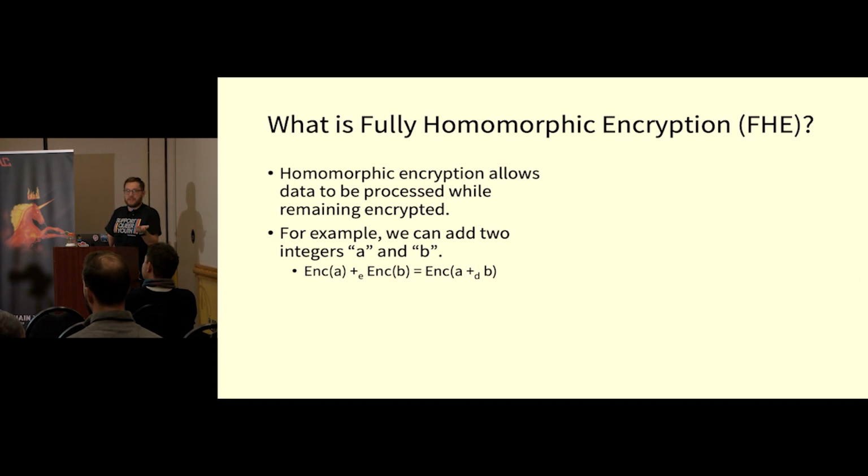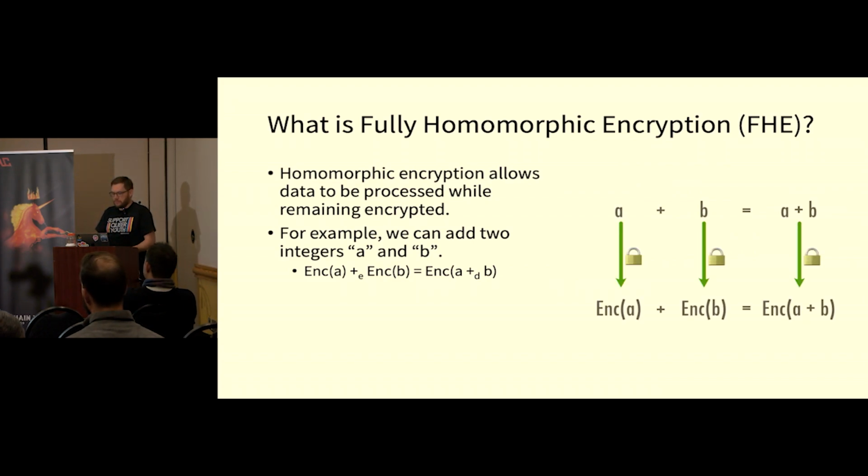Essentially, you encrypt the value a, you encrypt the value b, the definition of addition looks a little bit different, but you essentially do the add, and the result is a piece of encrypted data that contains the message a plus b. So maybe if we were to look at it in terms of this diagram, you can either choose the top path, where you go a plus b and calculate that result and encrypt it, or you can go on the bottom path, encrypt the two inputs, and then just add them together.